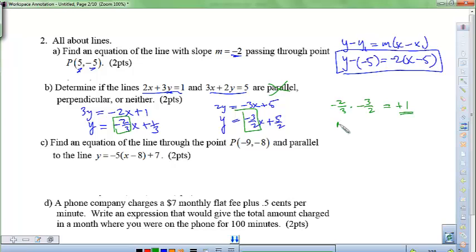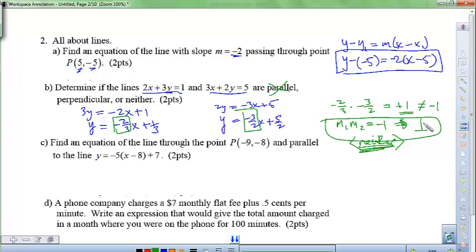But m1 times m2 equals -1 means the lines are perpendicular. It's not equal to -1, it's equal to +1, so it's not perpendicular, and it's not parallel, so it must be neither perpendicular nor parallel. Okay?